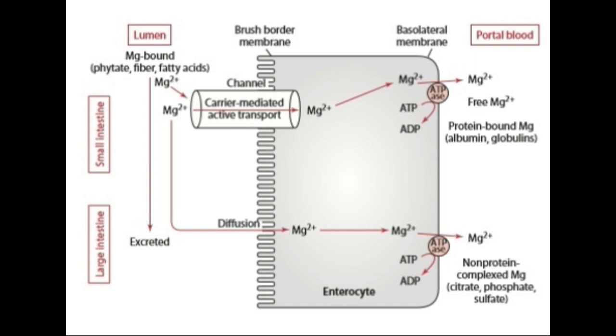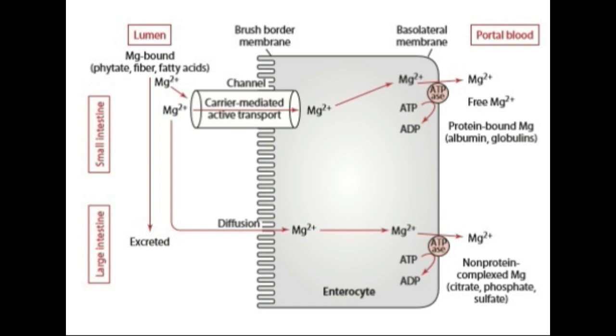Then the magnesium inside the enterocyte can be transported to the other side, to the blood vessel, using the ATPase enzyme system, where ATP is utilized and energy is used.